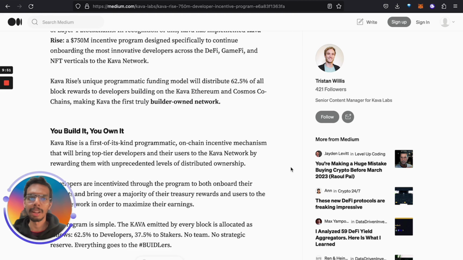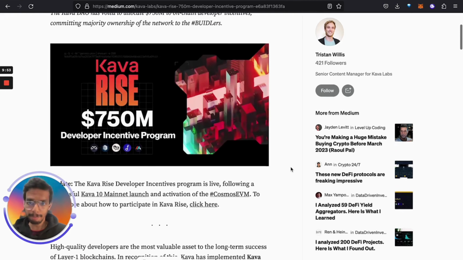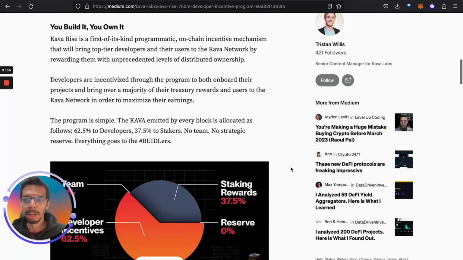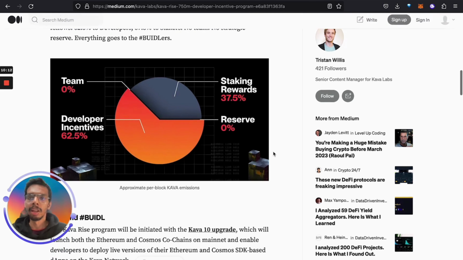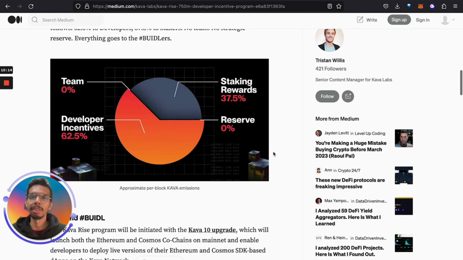So this is an article that explains the Kava Rise program, and in this article you can see that out of every block of Kava emissions, 62.5% goes to developer incentives and 37.5% goes to staking rewards. There's no portion for the team and reserves in that.